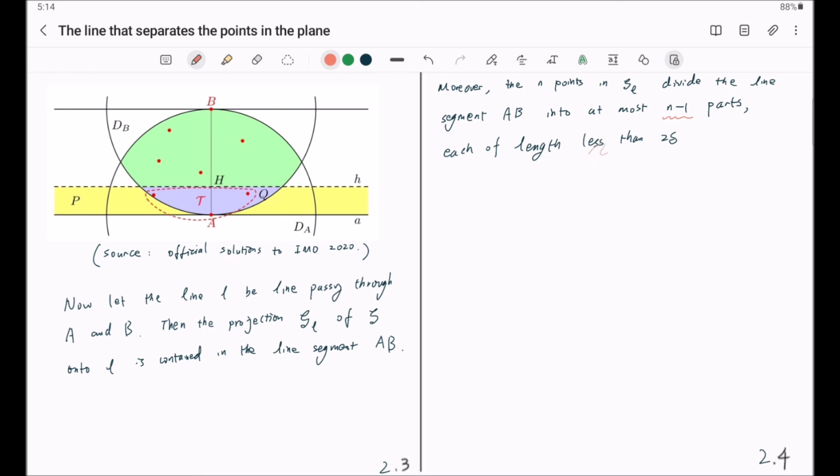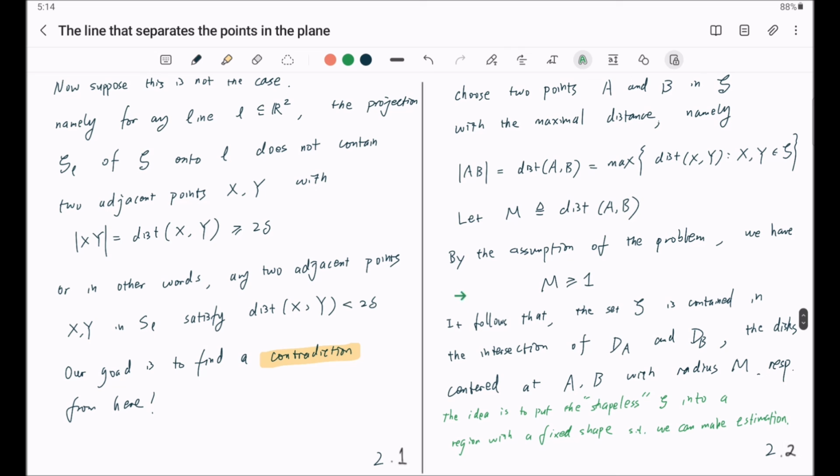Now why less than 2 delta? Less than 2 delta because we are assuming the opposite. We assume that for any line L in R2, the projection S_L of S on L does not contain two adjacent points x, y with their distance greater or equal to 2 delta. Or in other words, any two adjacent points x, y in S_L satisfy their distance is less than 2 delta.